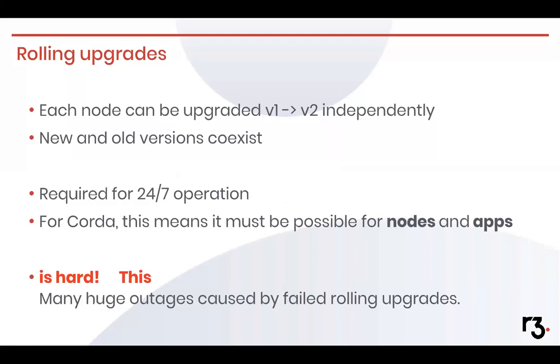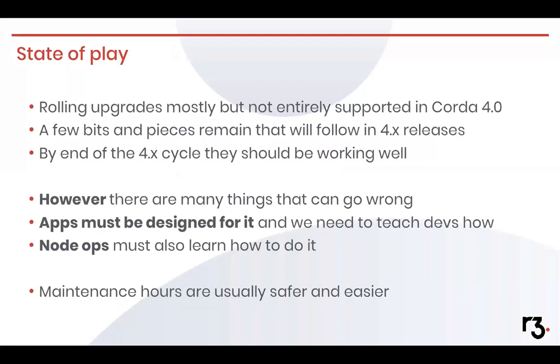You want 24/7 operation. So here's the current state of play. Today we launched Corda 4.0 and rolling upgrades for both Corda and apps, mostly but not entirely supported in Corda 4.0. There are a few little bits and pieces that will follow in 4.x releases. You know, we just had to get 4.0 out the door, so there are a few details that can be fixed in follow-up releases.